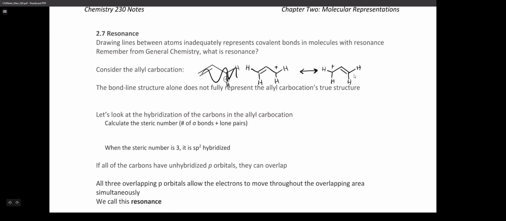Look very carefully. What has not moved? What has not changed at all between these two? The carbons, good. And what else? The hydrogens, good. And there's a hydrogen here too, if we wanted to draw it in.